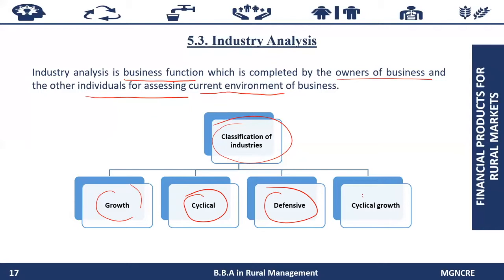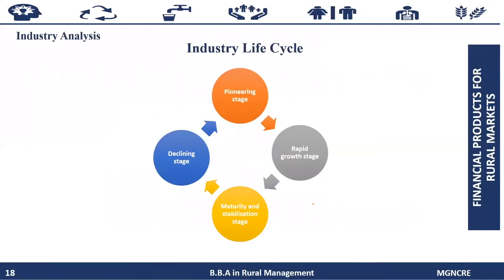Then cyclical growth industry. This type of industry is cyclical and growing at the same time. In this, technological change and introduction of new models help the industry to be cyclical as well as growing at the same time.